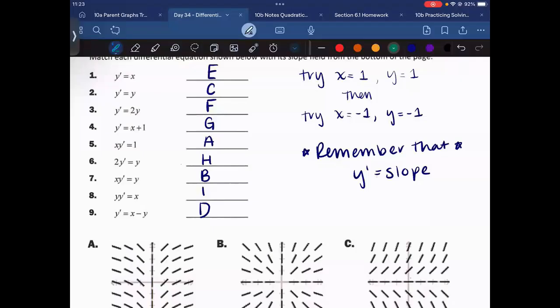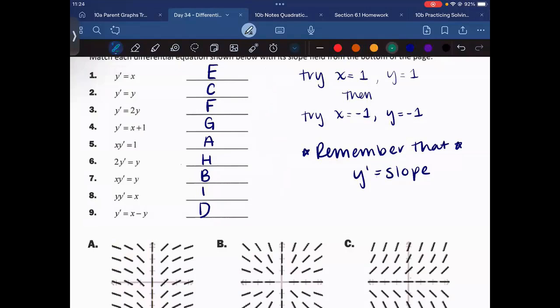So we have number one, E. We have y prime equals x. Wherever that x value is, that's what the slope should be. So if my x value equals 2, then my y prime is 2. On every single place on my x equals 2 line, I'll have a slope of 2. That's why it gets a little tricky, because we have a few different options.